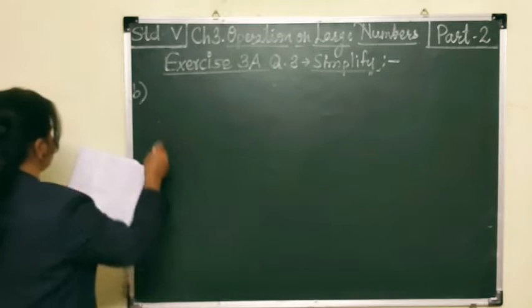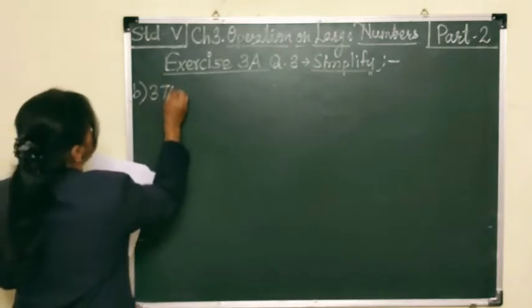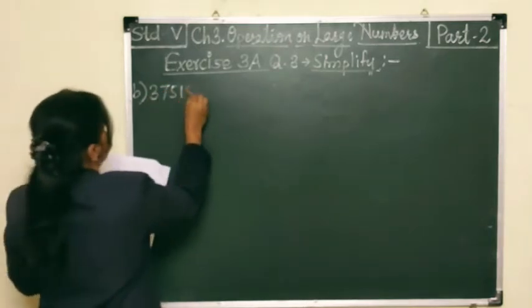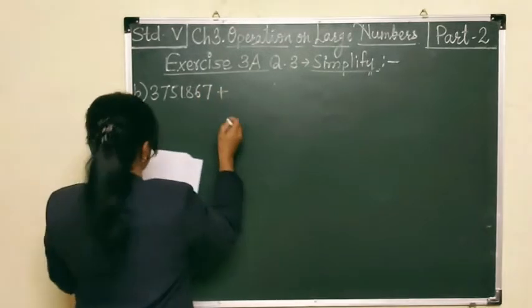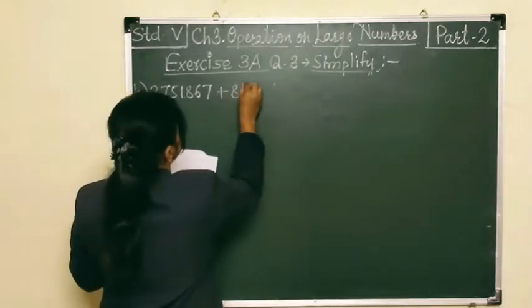So what to do here? Here, 37, 51, 867 plus 85, 96.